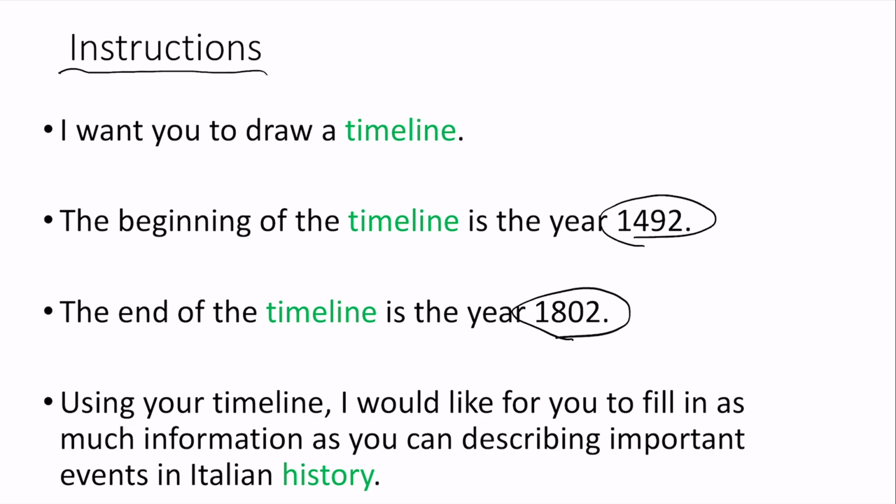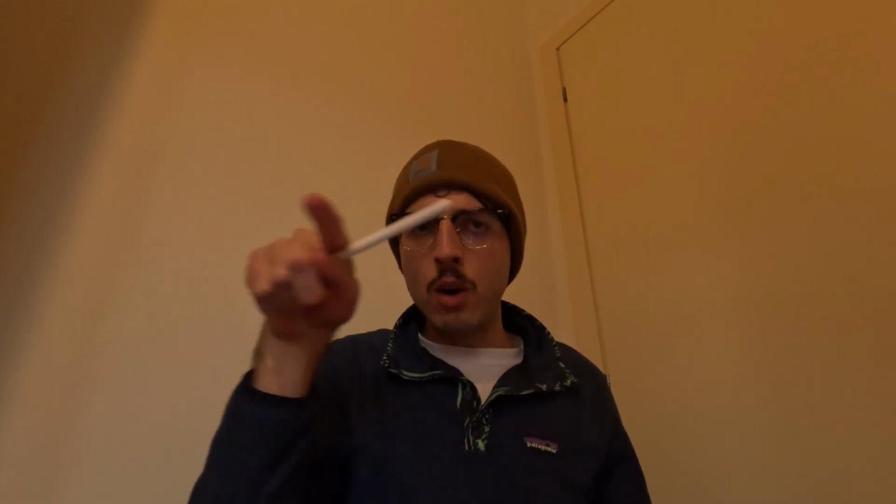Let me give you an example of how to draw a timeline. So here, in my notes, this is what I would like for you to do. Instead of drawing your timeline horizontally, I would like for you to draw your timeline vertically. And I'll tell you why in a moment. But here, this is what I would like for us to do.